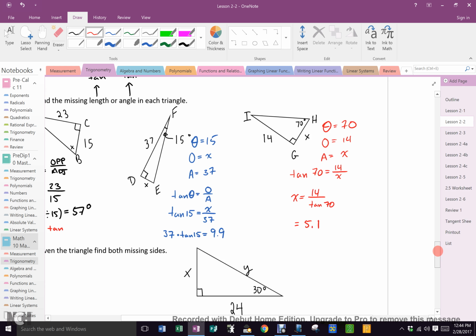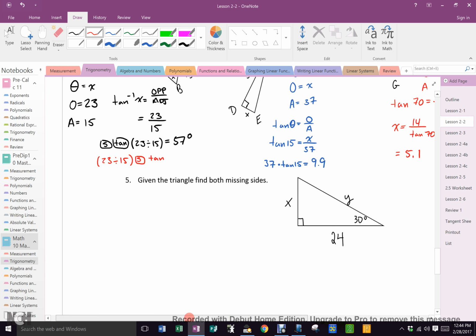Let's actually apply it to a situation. Here is a triangle with more than one piece of missing information. Is it a trig question? Yes, because we're in the trig section. What should you do with every trig question? Write it out. Do I have a theta? An angle with which I am working.